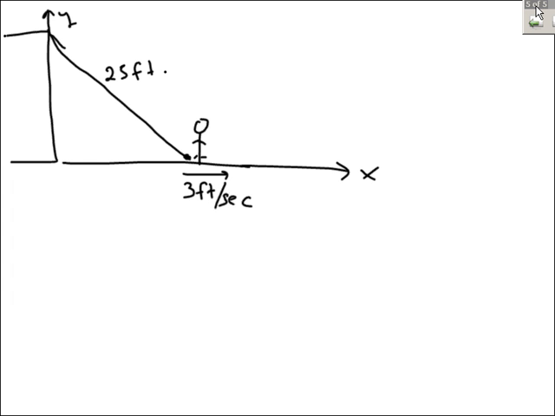Now, just because the bottom of the ladder is going along the ground at 3 feet per second, that doesn't mean the top of the ladder is going down at 3 feet per second. It doesn't even mean that it's going down at a constant rate.